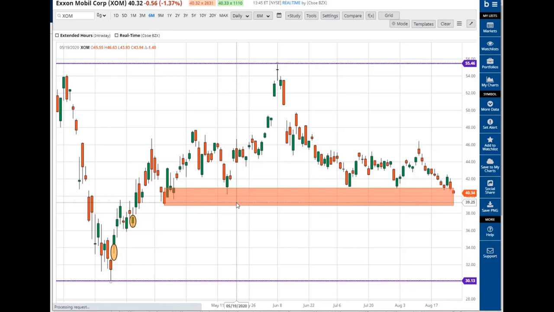And that institutional selling, now they're just not going to jump in and get out in one day. They're going to sell over multiple days or weeks or even maybe months. But I know that for the next 3 months, there's going to be selling pressure on this stock. So anytime this stock rallies, maybe it'll rally in sympathy with the crude oil market, that might be an opportunity for me to take a short position.